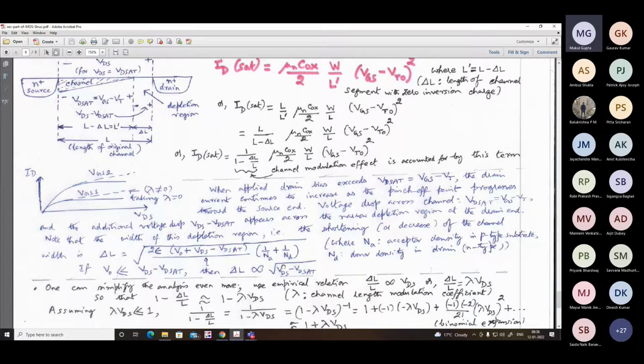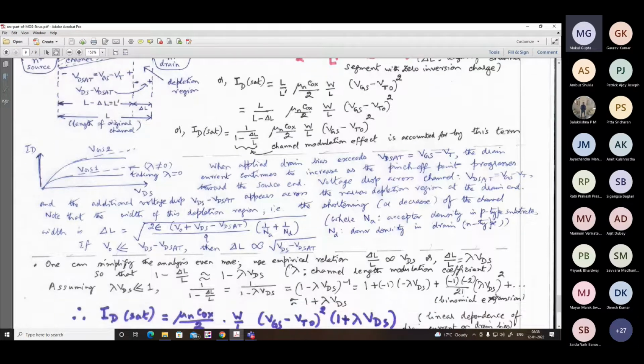But we can simplify the analysis furthermore. That means let us take this delta L, or the relative decrease of the channel length as a result of high drain to source potential. Relative means delta L by the original channel length. Delta L by L is proportional to VDS. Yes, this is very simple, but very practical.